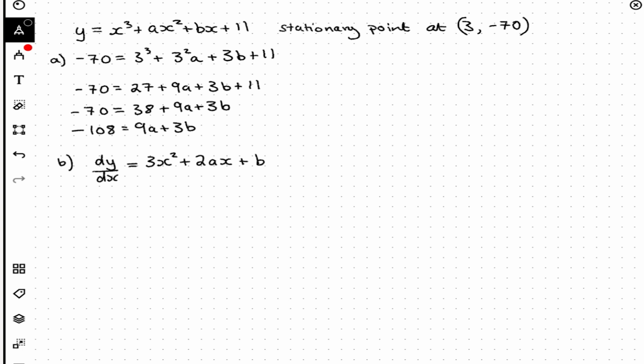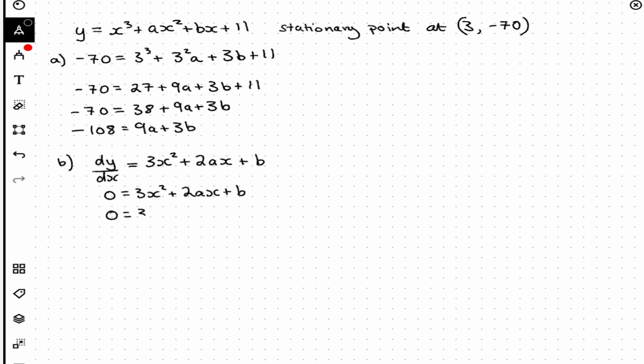And we know that where there's a stationary point, the gradient is 0. So 0 will equal 3x squared plus 2ax plus b. We also know at this point x equals 3.